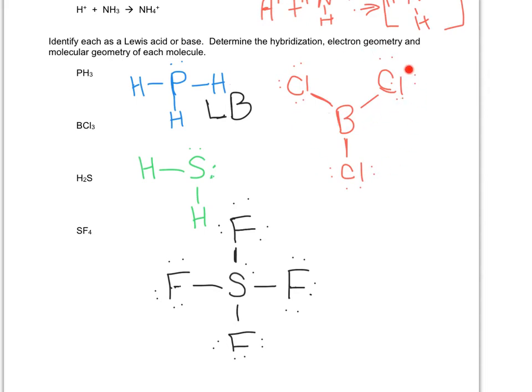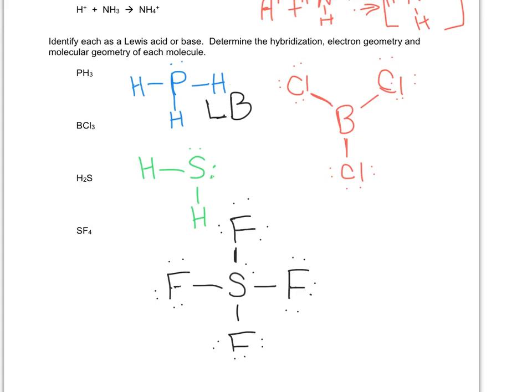BCl3 is right here. First, to determine if it's a Lewis acid or base, we check if it has a lone pair that it can donate or a vacancy where we can give it electrons. It does not have a lone pair to donate. Also, since it has 3 areas of electrons, it can accept another pair of electrons to get its octet.